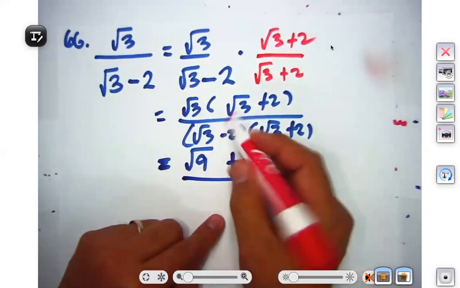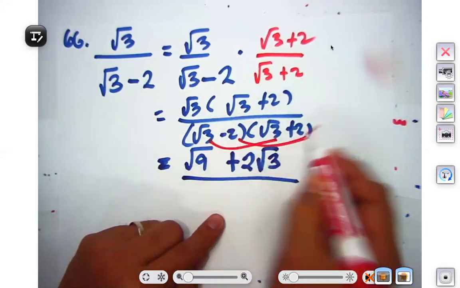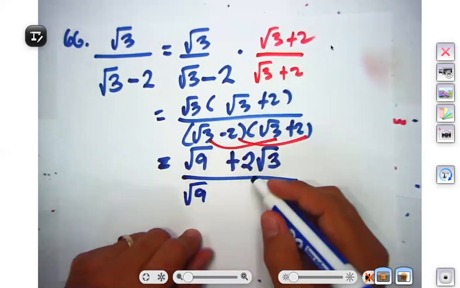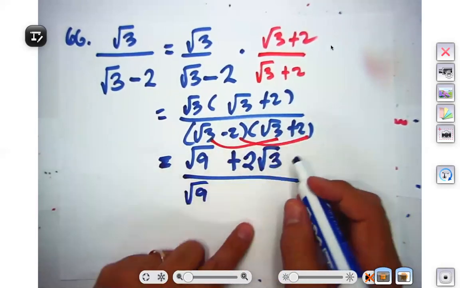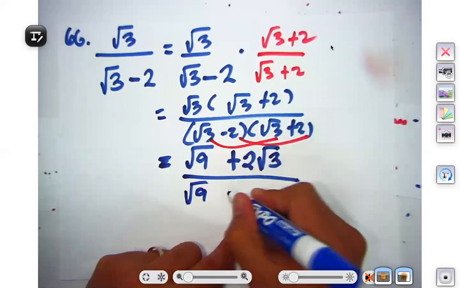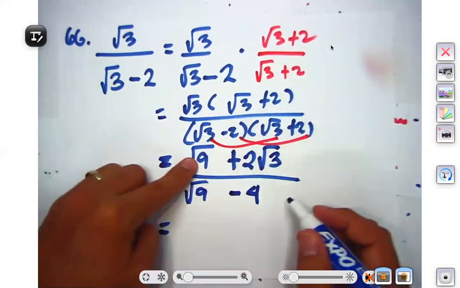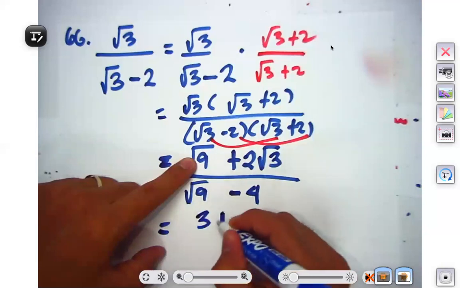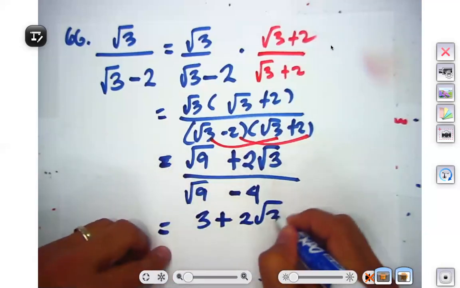How about the denominator? Product of the conjugates: square root of 9, and negative 2 times 2 is negative 4. You have a square root of 9 here, which is 3. Last, just copy that.